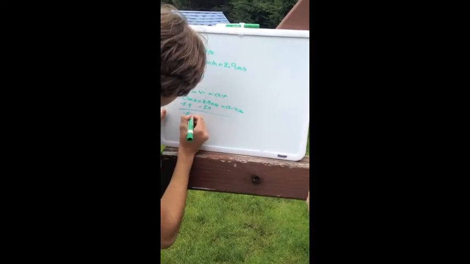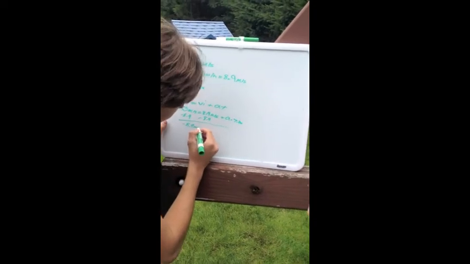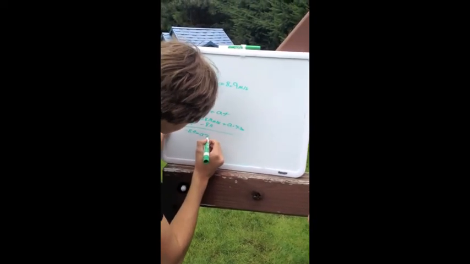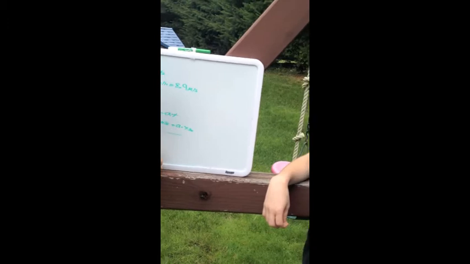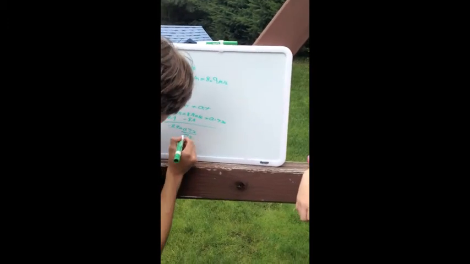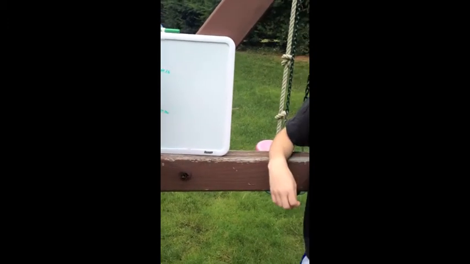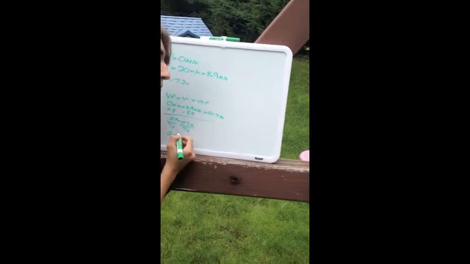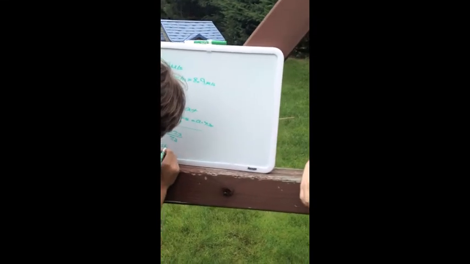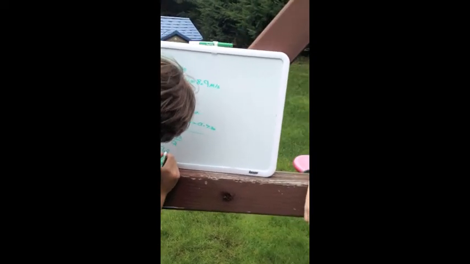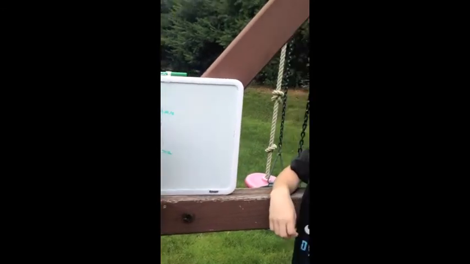Negative 8.9 equals A times 7.2 seconds. When you divide negative 8.9 by 7.2, you get negative 1.24 meters per second squared. Because it's decelerating, that's why it's negative.